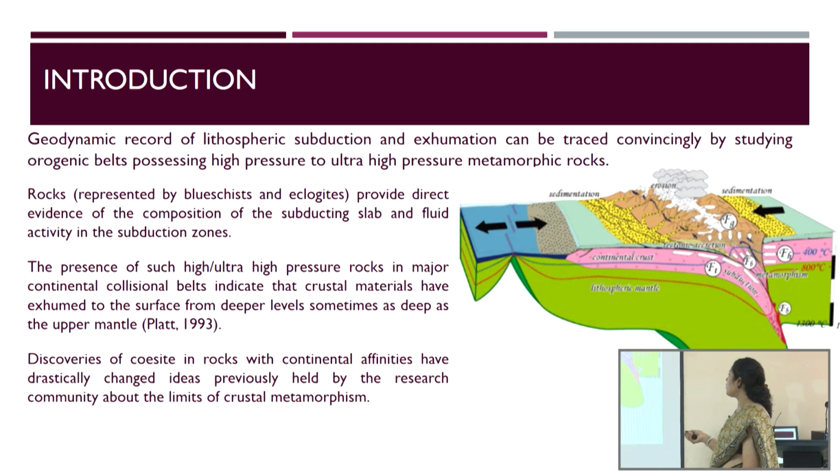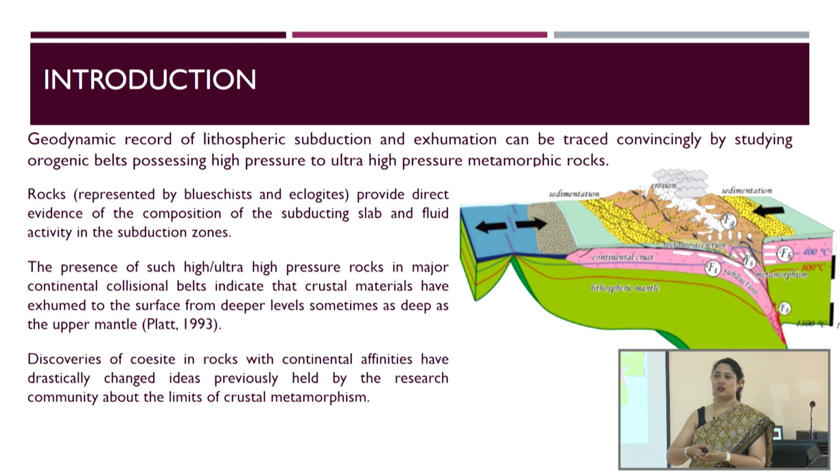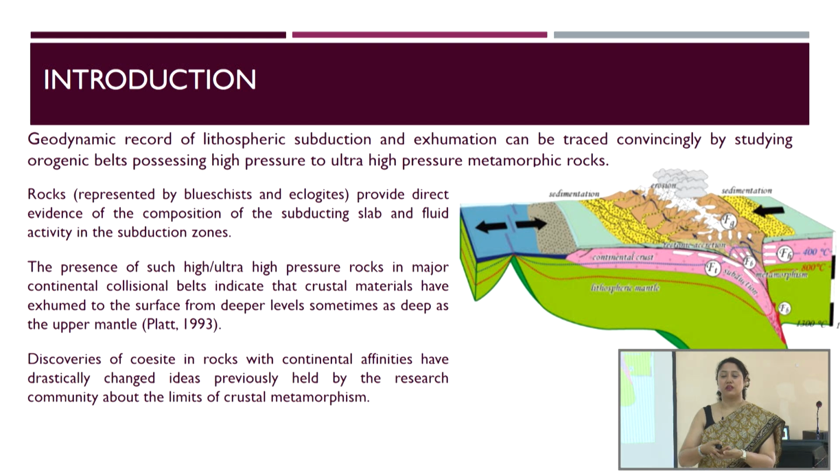So, when you have the continental crust that subducts, there has to be something that is actually dragging this continental crust down, and that is typically your oceanic crust or something denser.